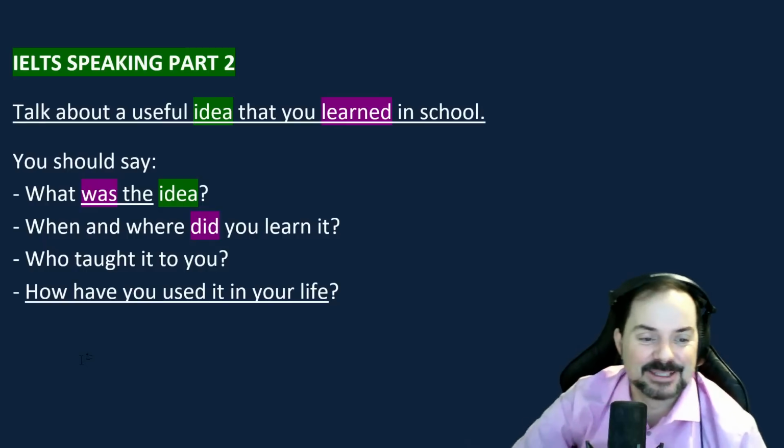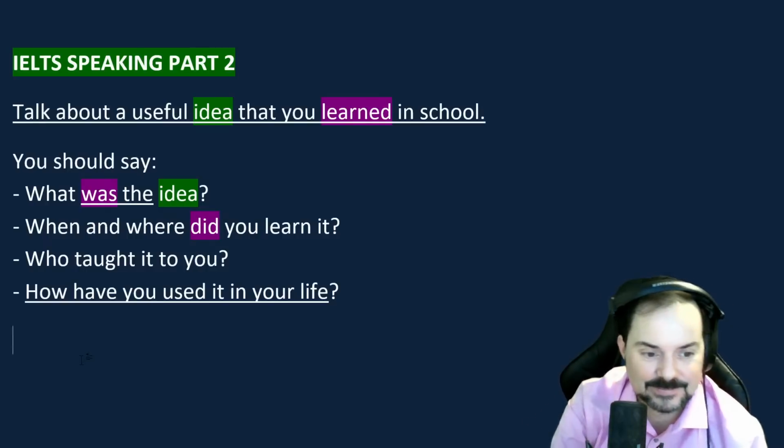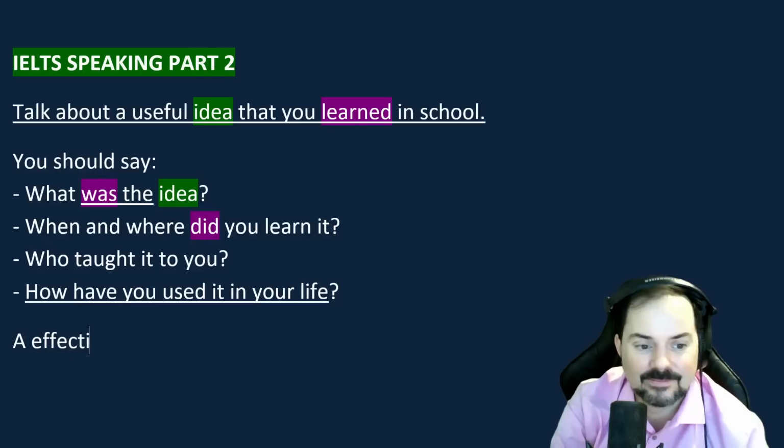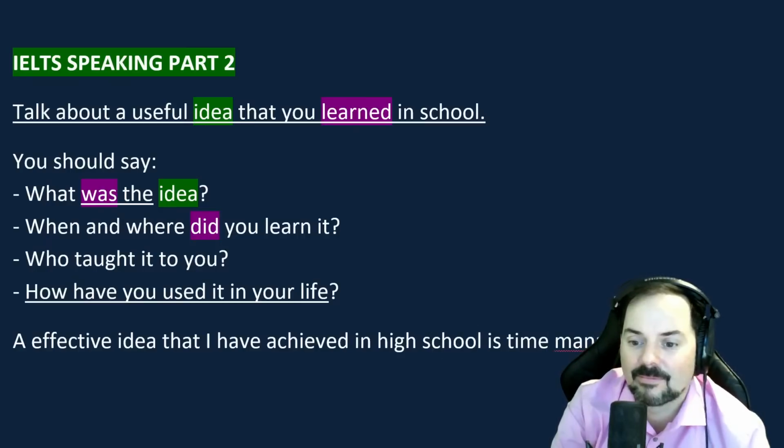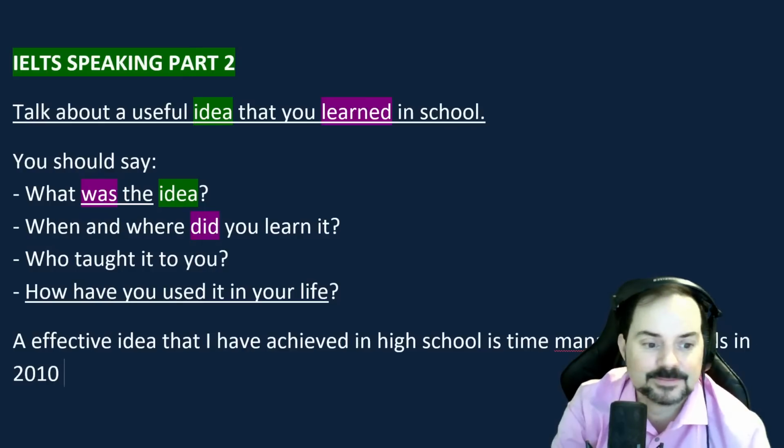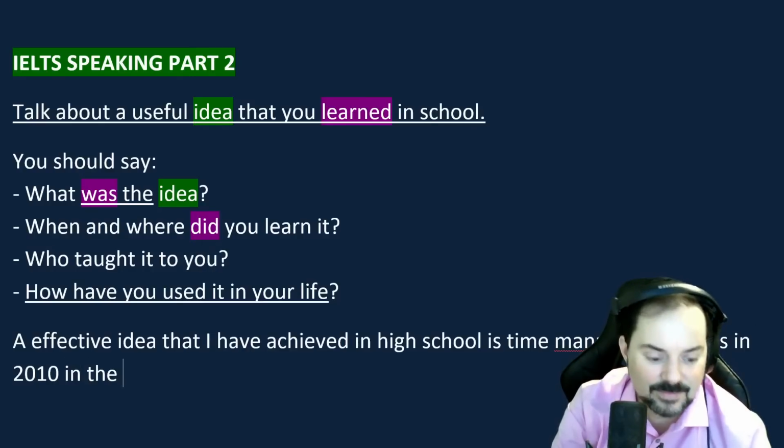An effective idea that I had a chance to learn in high school was time management skills. Back in the year of 2020, when I was in the 10th grade, there were dozens of tests I had to finish on a daily basis. That drove me to exhaustion with my schoolwork.